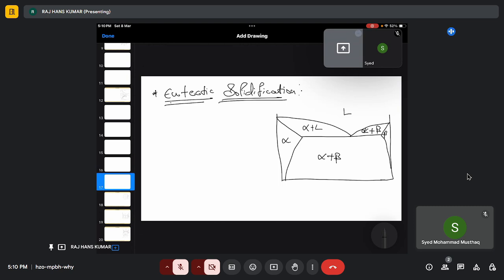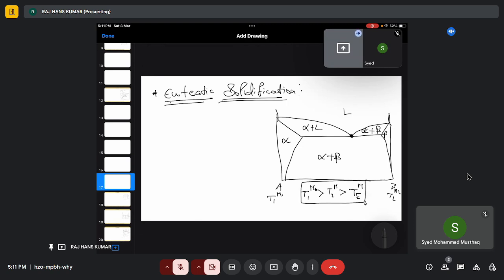In eutectic solidification, you have a lower melting point compared to the melting points of the constituents. Like pure A and pure B have melting points of, let's say, Tm1 and Tm2, then Tm1 is greater than Tm2, and both are greater than the eutectic melting point.